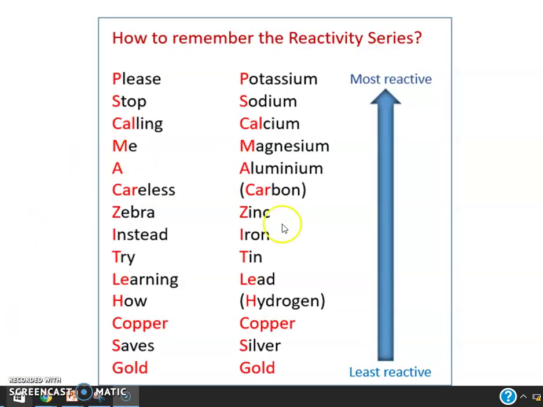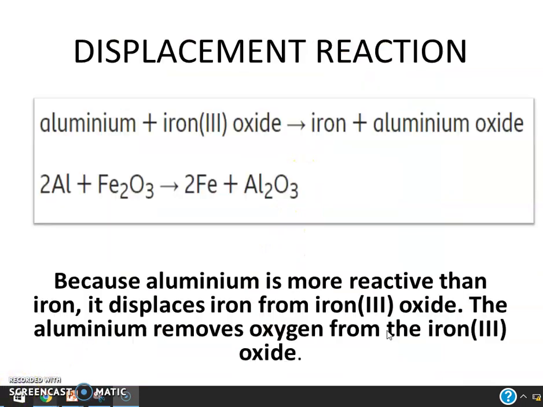As we can see, aluminium is at a higher position compared to iron, which means aluminium is more reactive than iron. Therefore, aluminium will displace iron. Because aluminium is more reactive than iron, it displaces iron from iron oxide. The aluminium removes oxygen from iron oxide and reacts with it.